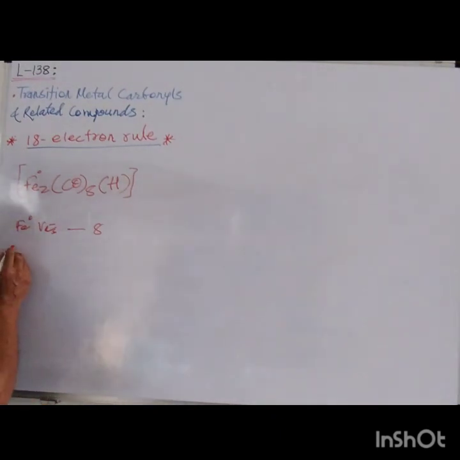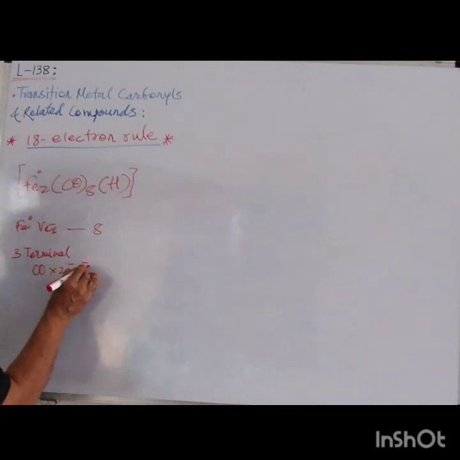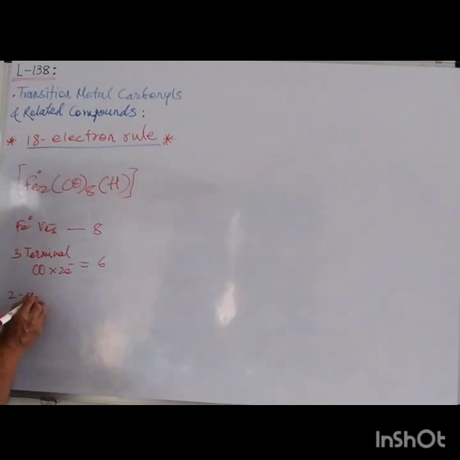Then there are 3 terminal COs into 2 electrons, so that is 6. Then there are 2 mu, means bridging carbonyls, carbon monoxides.